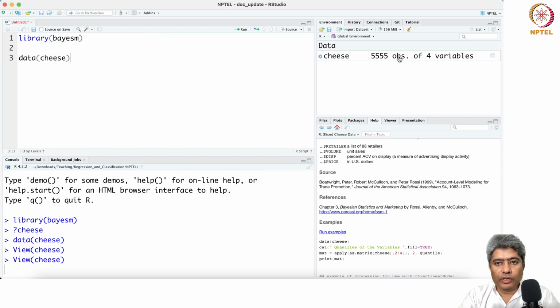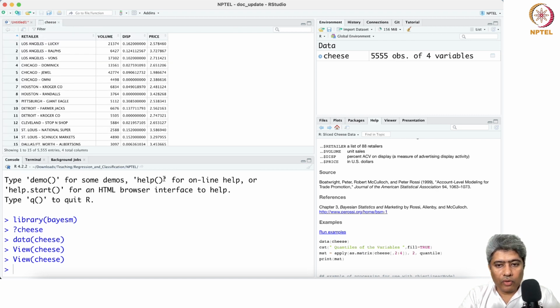Then there is the volume, or the unit sales, the number of sales that happened in that week. There is the display activity, some marketing activity, measured on a scale of 0 to 1. And the price per unit in US dollars is given.